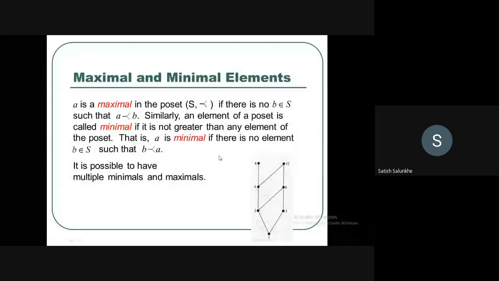So when we draw the Hasse diagram, it is basically with respect to some relation. And when we say something like the less than relation, I will take one simple example.